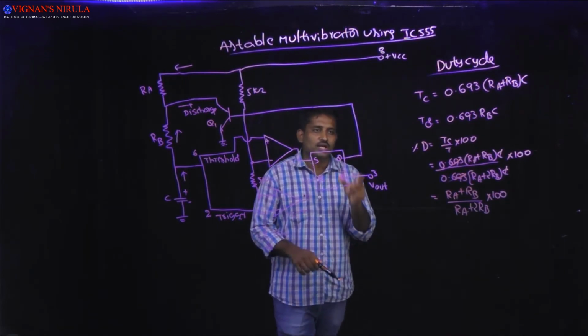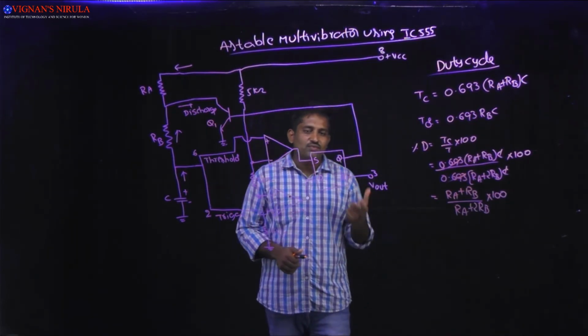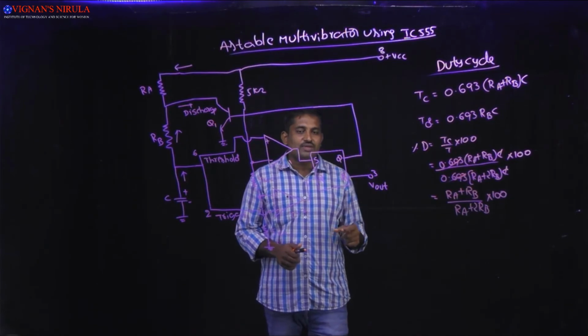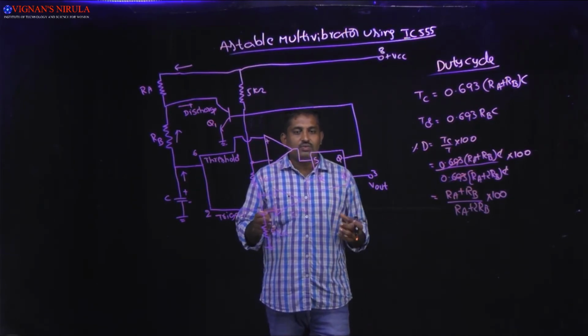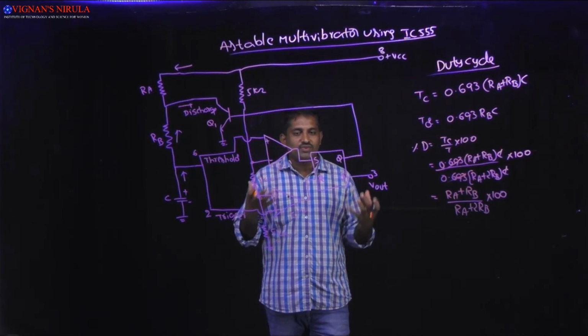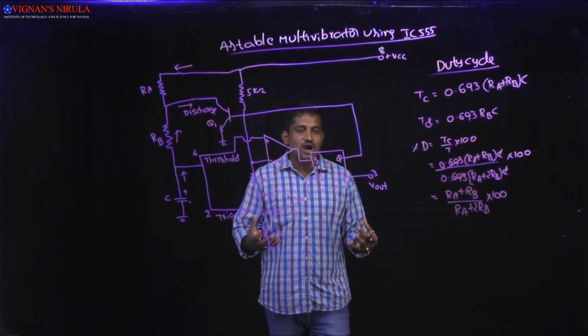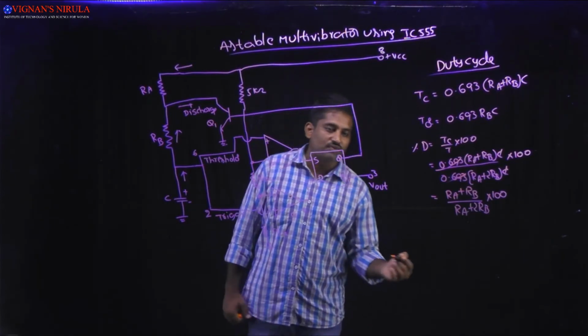Once we know the total time period, then we can easily calculate the frequency of oscillation. In the astable multivibrator, we are mainly concentrating on the frequency of oscillations. How can you represent the frequency of oscillations?